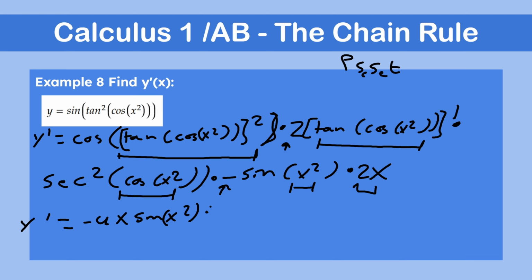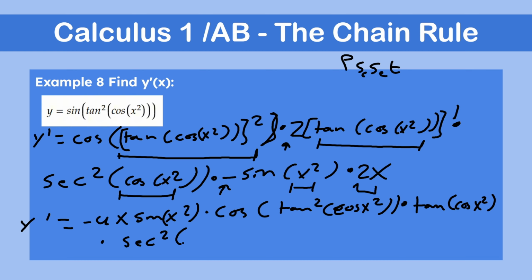Now we multiply by cosine x squared, multiplied by tangent cosine x squared, multiplied by secant squared cosine x squared, and that would be our final answer. I know it seems a bit long, but that's just how it is sometimes. But yeah, that's the answer to this problem.